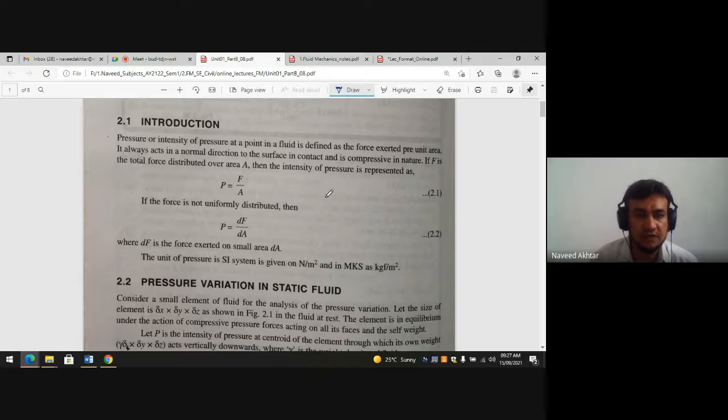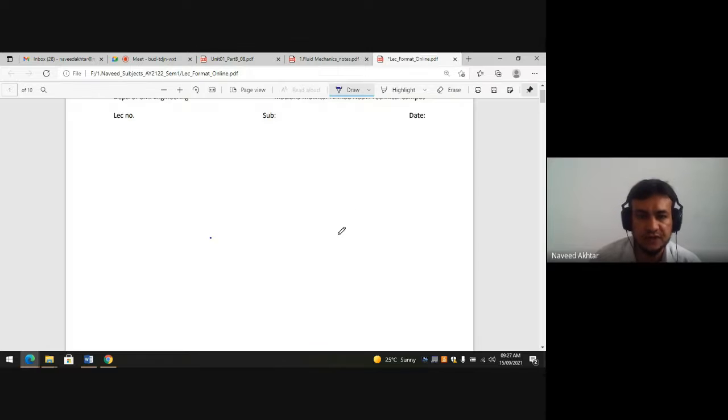Generally, the pressure or intensity of pressure at a point in a fluid is defined as the force exerted per unit area. If you compare stress with pressure, stress is nothing but load upon area.